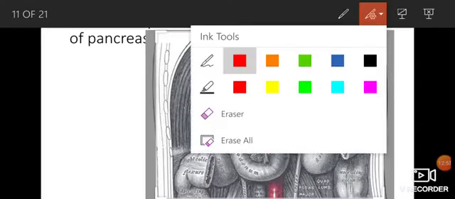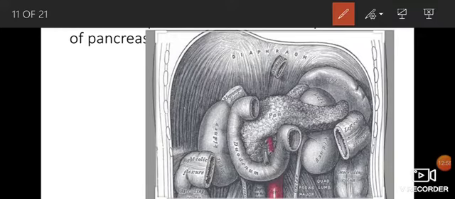See this picture. This is the kidney, left kidney. Part of the kidney is not visible because it is lying behind the body of the pancreas. Then this is the left suprarenal gland. Then another relation is the aorta. The aorta is also passing behind this.